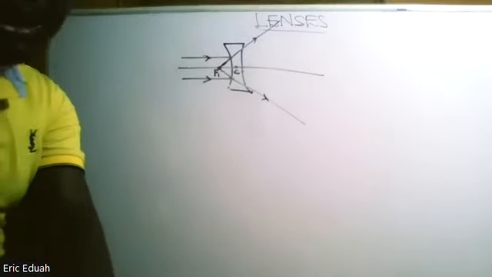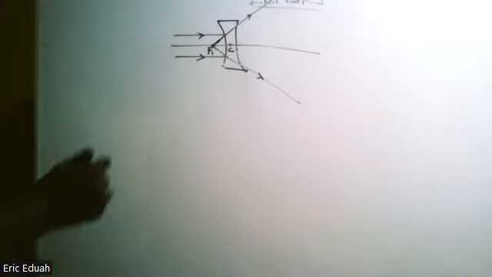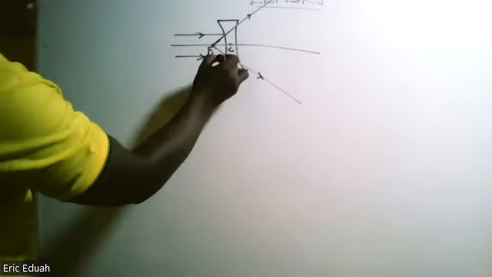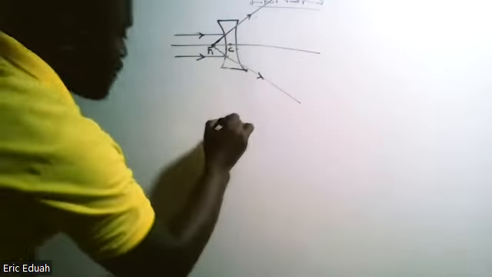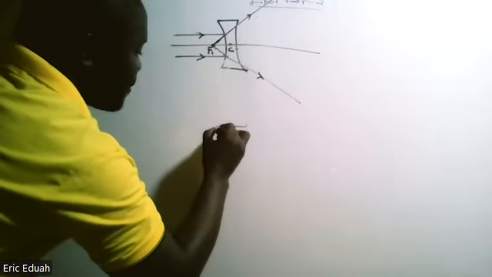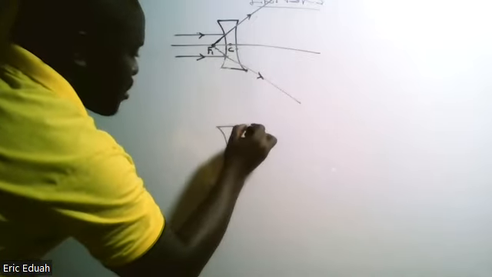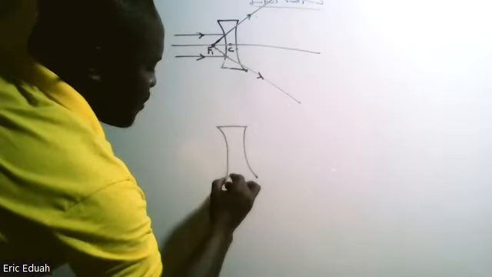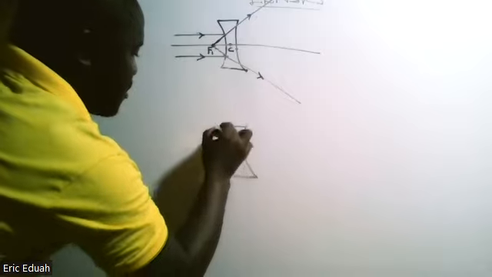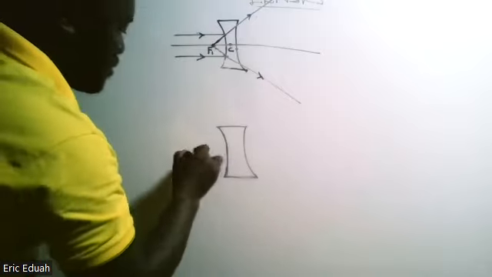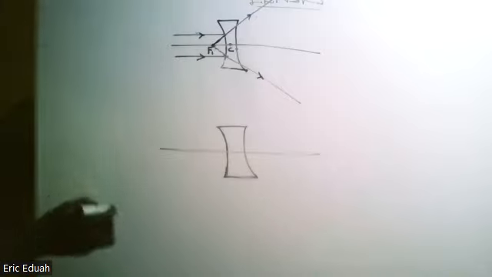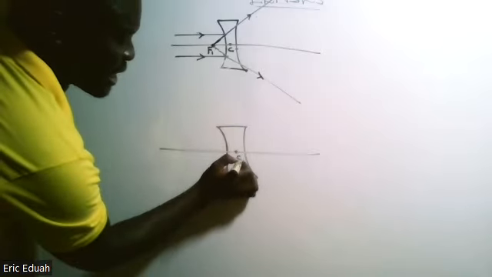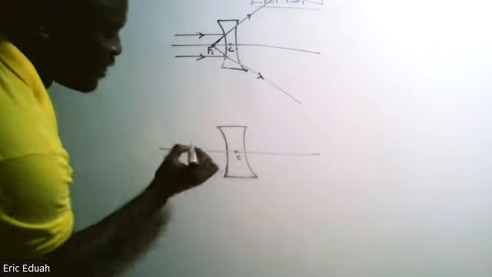Then let's look at another situation where rays at far distance are hitting this. So let's draw another one. Concave. When the ray hits the optical center C, it goes undeviated.